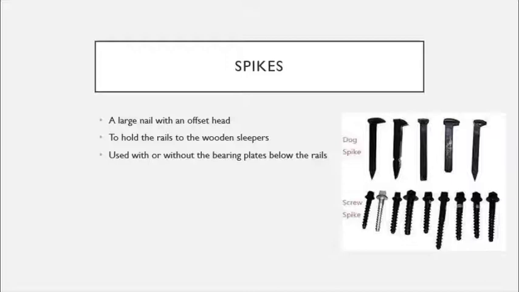They are used with or without the bearing plates below the rails. Two types of spikes are generally used, dog spikes and screw spikes. Dog spikes are generally used in wooden sleepers and the screw types are generally used on concrete or metal sleepers.